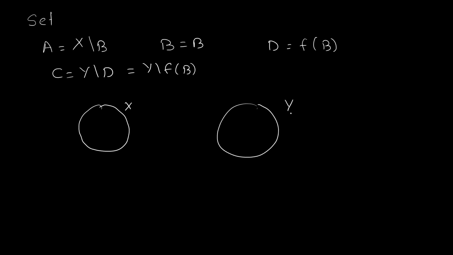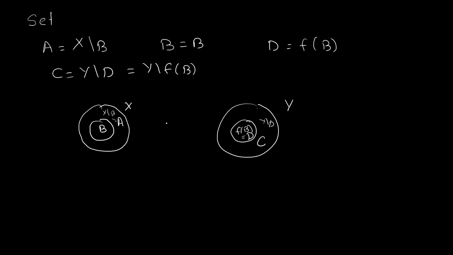X is there, here there is Y. So here there is going to be a B, and X minus B is going to be this part, which is equal to A now. Then if B is there, f of B is going to lie here, and f of B is my D, and C is my Y minus D, that is this C part. Okay, so A, B, C and D.